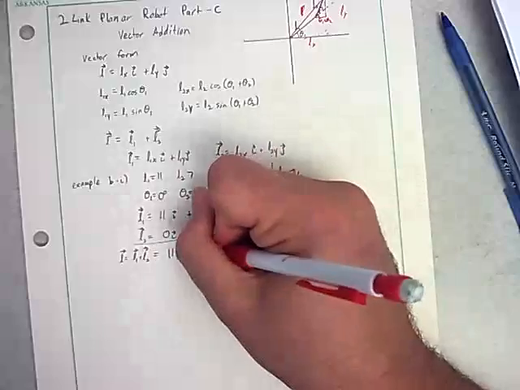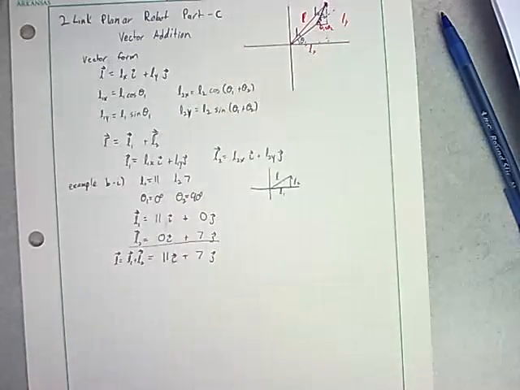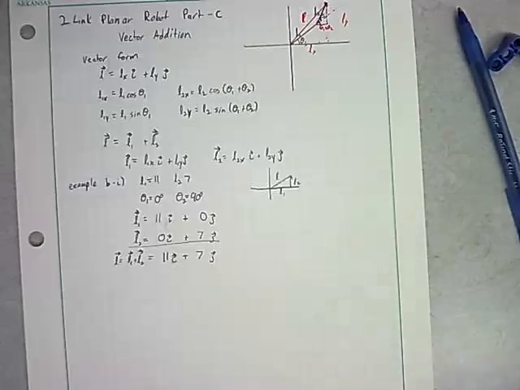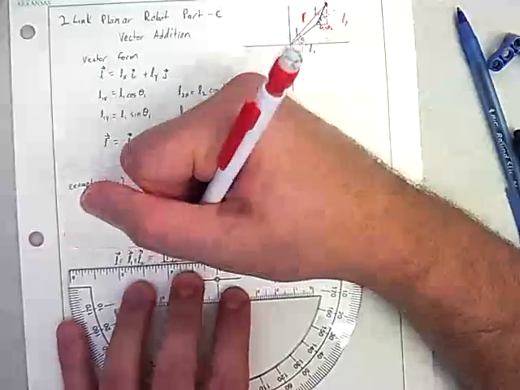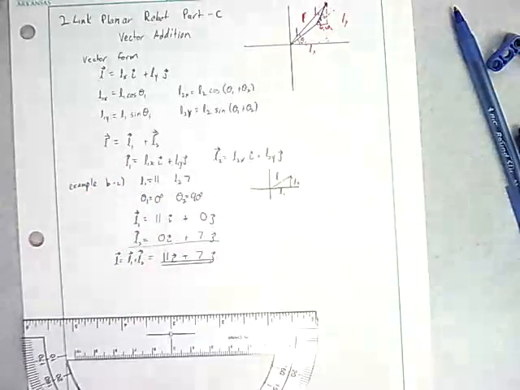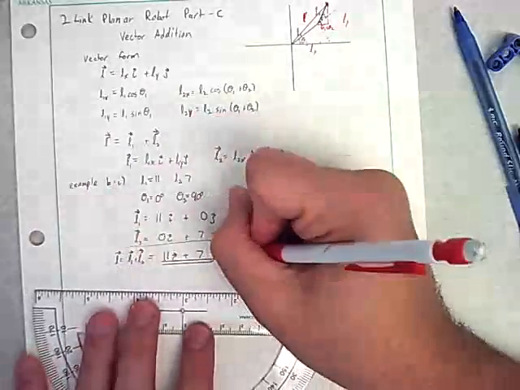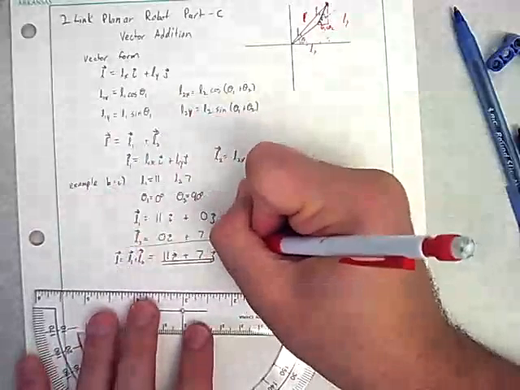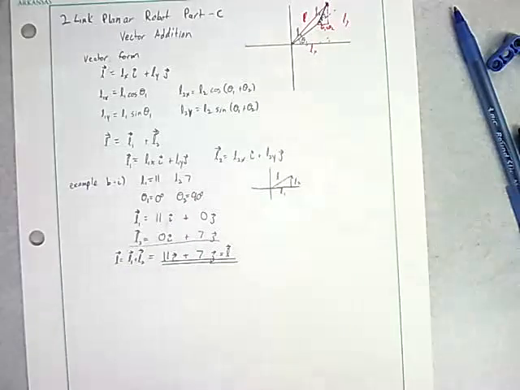Plus 0 plus 7 is 7j. And that is how I would write L in vector form for this one. Again, that one was easy because we didn't have to combine anything. And I guess I should say that that is L if I'm really wanting to write it in vector form.